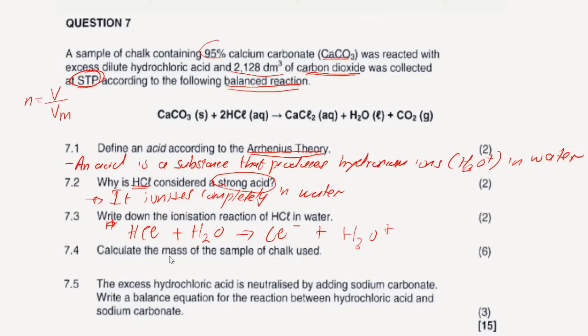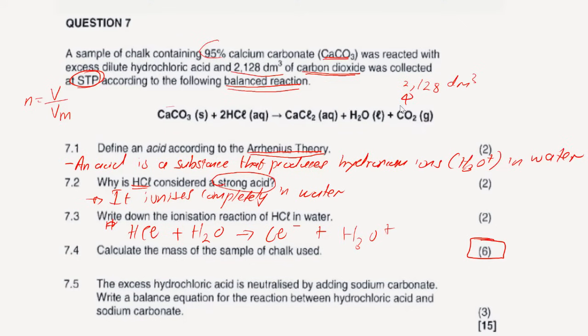Now 7.4 says, calculate the mass of the sample of chalk used. That is for 6 marks. So now, how are we going to calculate that one? Look, we are given the balanced equation, and what we are given here, the 2.128 dm cube, was for carbon dioxide.